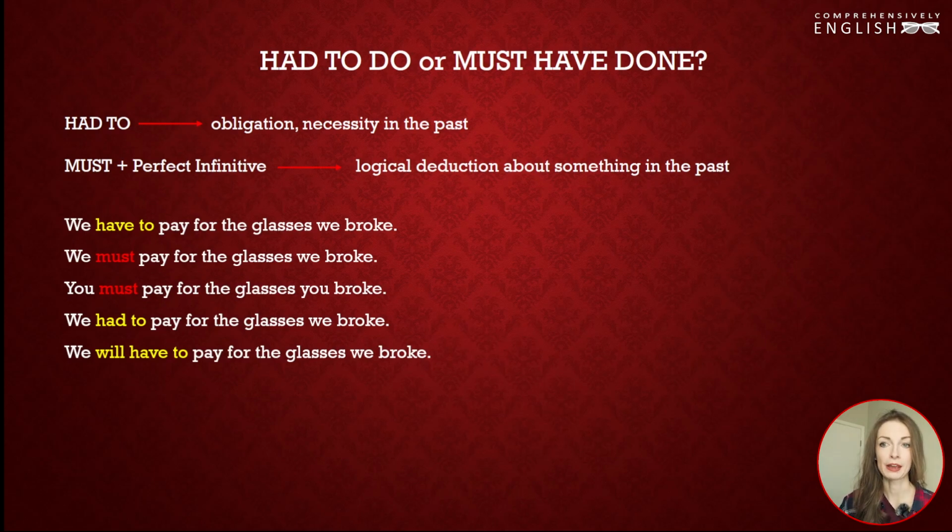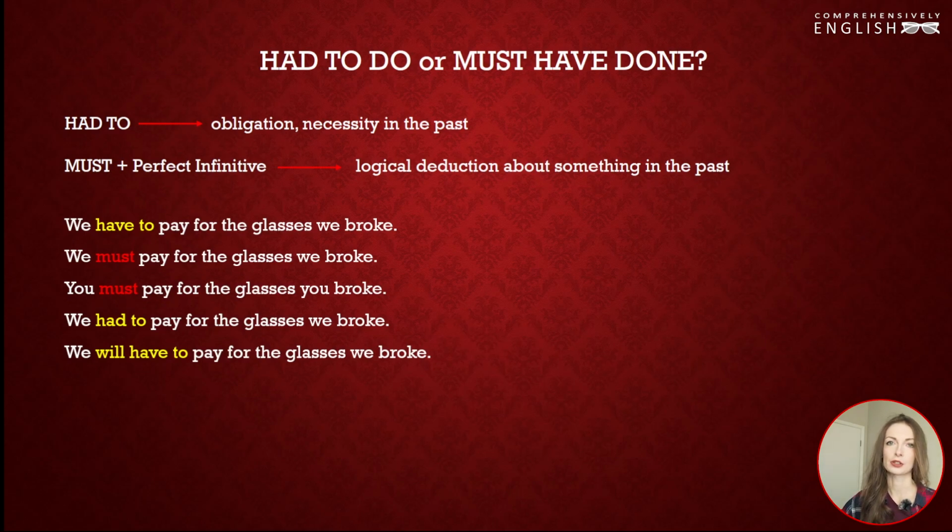We had to pay for the glasses we broke expresses necessity or obligation in the past. We actually don't see the difference between our moral obligation or a necessity in the past. In the past, we don't differentiate between the things we consider to be good things to do and right things to do, and the things that are considered necessary by the society or the circumstances force us or whatever.